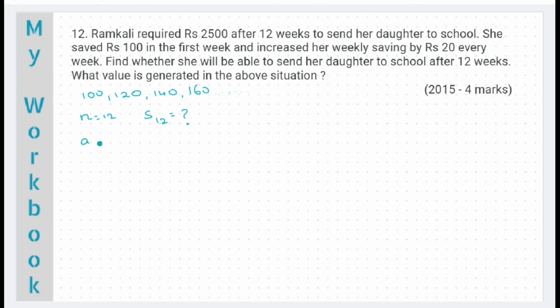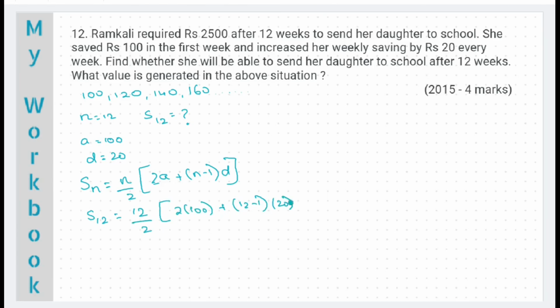The first term is 100 and the common difference is 20. Sum of first n terms is n by 2 into (2a plus (n minus 1) into d). So when n is 12, the sum of the first 12 terms is 2520 rupees.